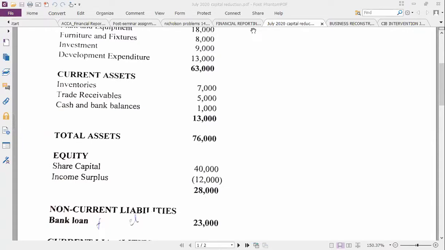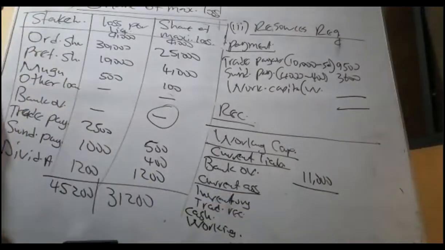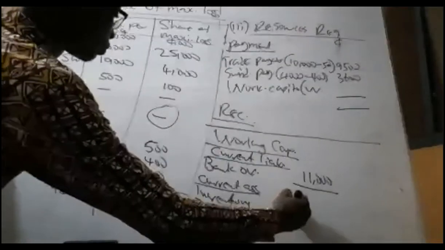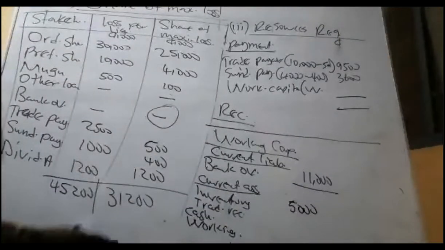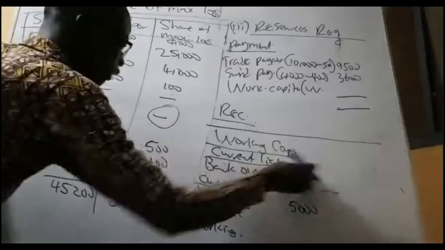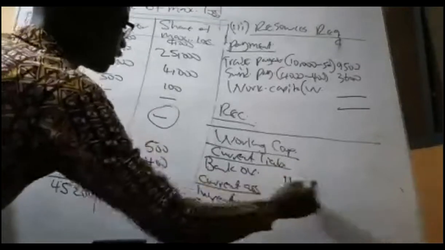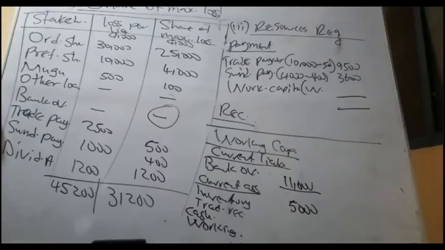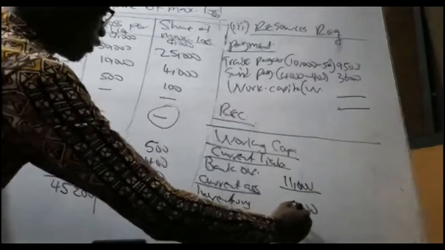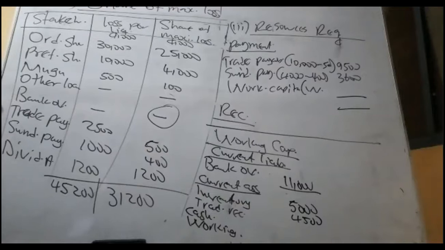It was 5,000. Inventory was 5,000. Then what about the receivable? The going concern figure was 4,500. The new business receivable was 4,500.